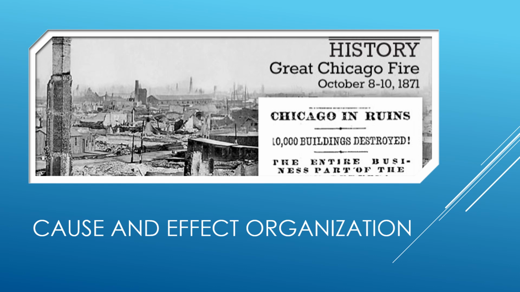You can also organize by cause and effect. You can talk about the things that led up to a particular event, or you can talk about the effect of an event. For instance, the Chicago fire. The Chicago fire was so bad, and you might say what led up to the causes of that fire. It was so bad because there were so many buildings, sidewalks, roads that were built of wood.